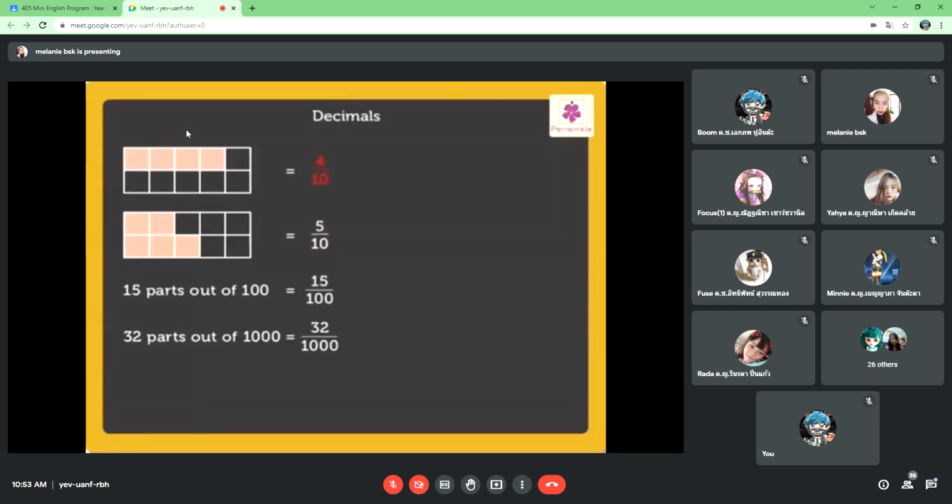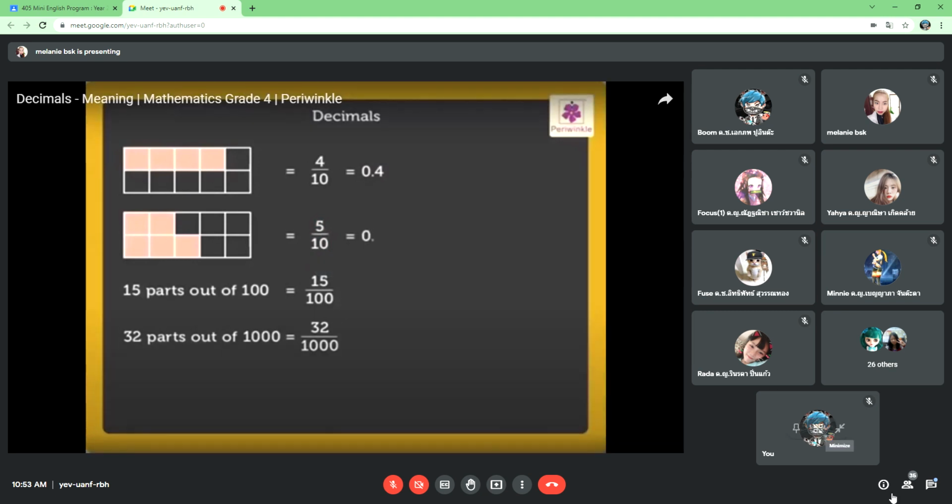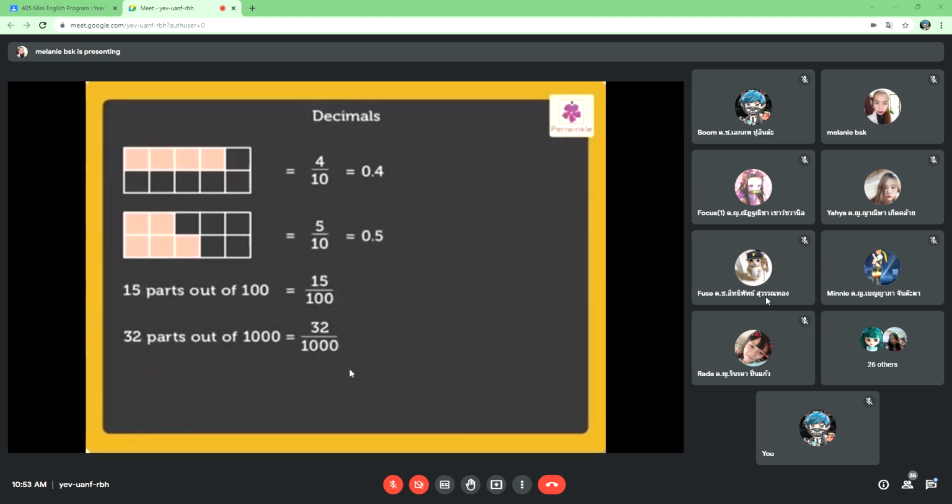Here, 4 upon 10 is represented as 0, then a point or 0.4. Similarly, 5/10 is represented 0, point, and then 5.